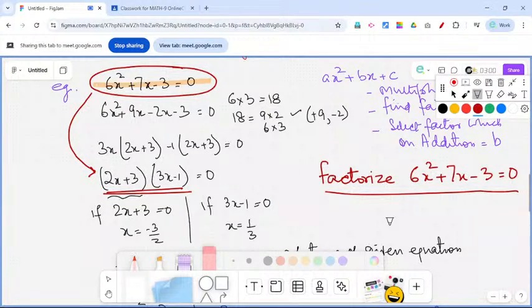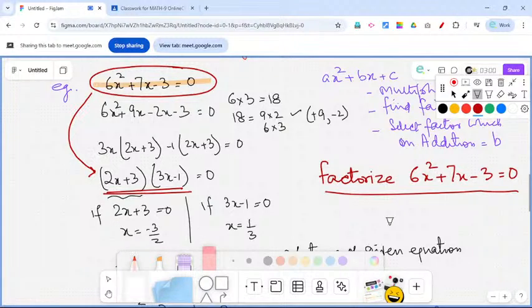We have to find the solution of this polynomial. तो हमने सबसे पहले क्या किया, हमने इसके फैक्टर्स निकाले लेफ्ट साइड के, एंड राइट साइड में 0 है, सो वी हैव इक्वेटेड इट इक्वल टू 0.